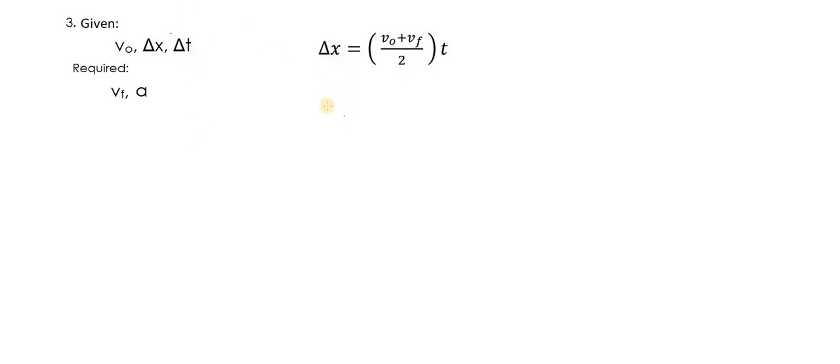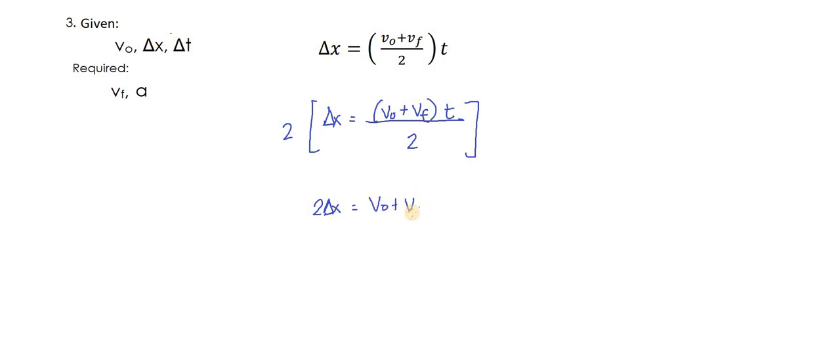Here we can rewrite this as delta x is equal to initial velocity plus final velocity multiplied by time all over 2. It's the same. So you can multiply the whole equation by 2. That will be 2 delta x equal to initial velocity plus Vf, times t.